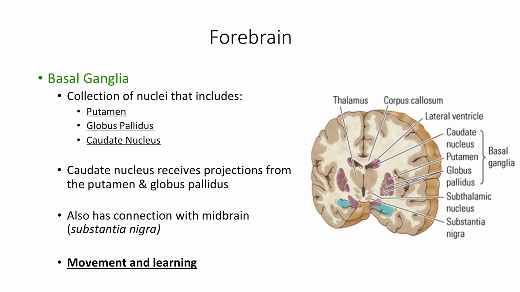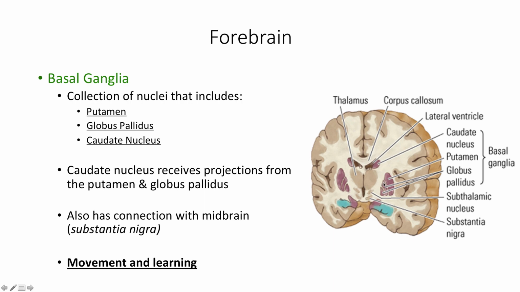The basal ganglia also have reciprocal connections with the midbrain, especially with the substantia nigra, which we covered in the previous video, which is located in the midbrain tegmentum. So the basal ganglia are very important for learning and also for movement.